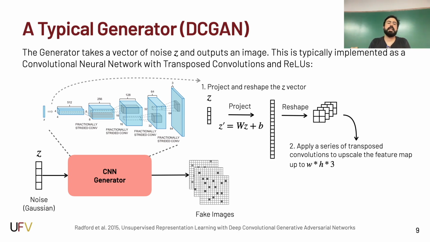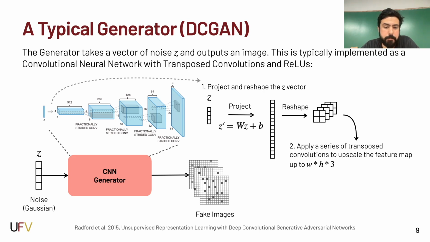This is the opposite of what we normally see with a convolution, where we start with less depth and more size, and then we have less size and more depth in a regular convolution. Is it clear how we actually produce this image? So now we can make an image out of a z vector.